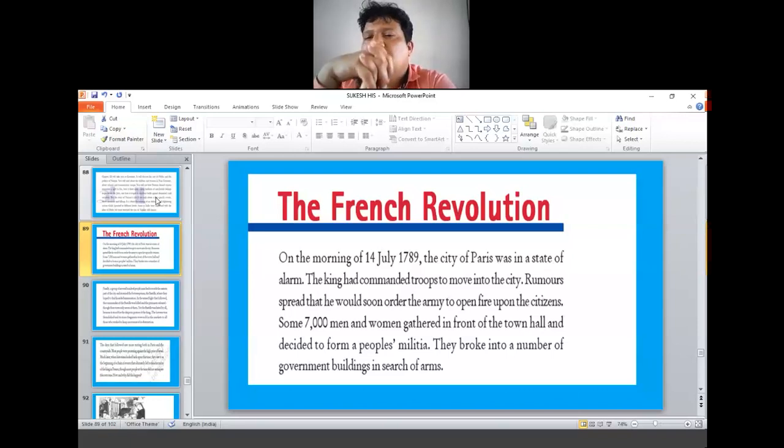Whenever we speak about French Revolution, the points we are going to study are: one, causes for French Revolution. Second, events and processes related to the French Revolution.